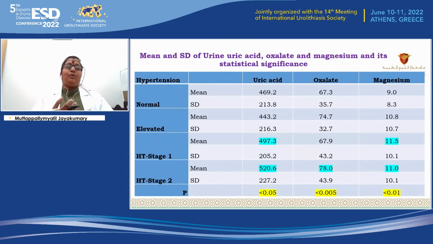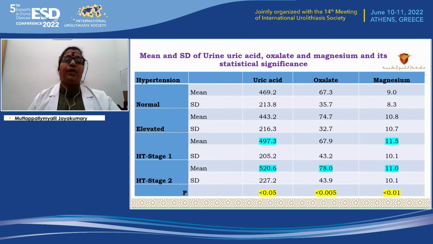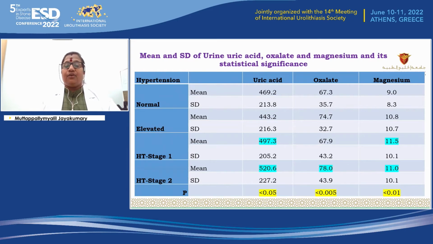This table shows the mean and standard deviation of urine uric acid, oxalate, magnesium and their statistical significance. The mean level of uric acid increased as the level of hypertension went up, being more in stage 1 and stage 2, and this was statistically significant.